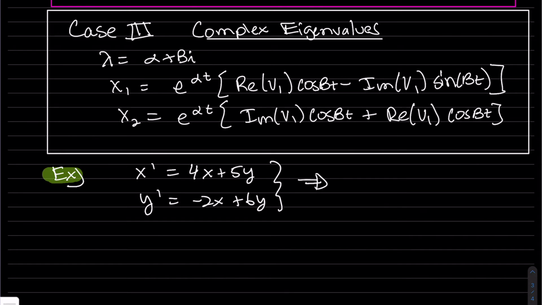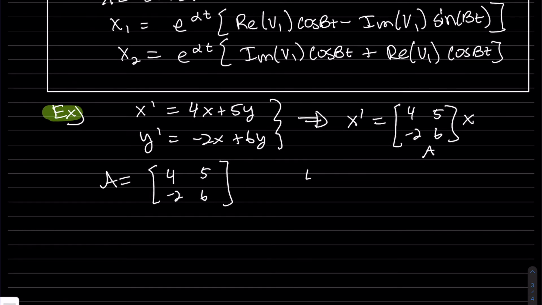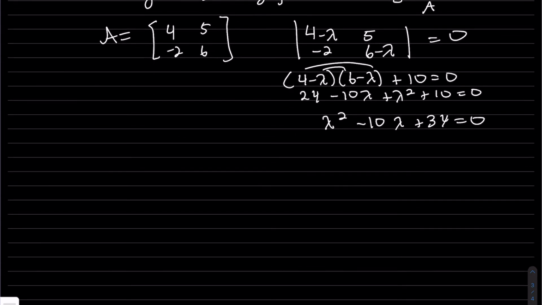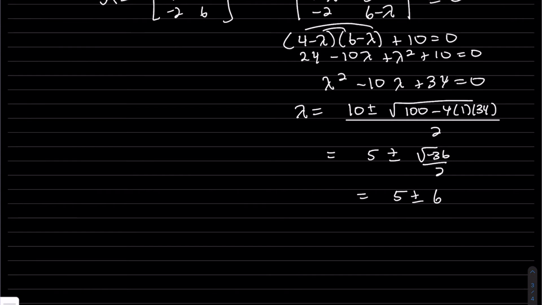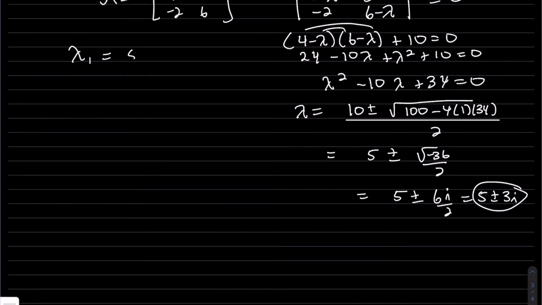So we're going to rewrite this as x prime equals, so my A. Okay, so lambda 1, we can just look at the 5 plus 3i. That's both of them.